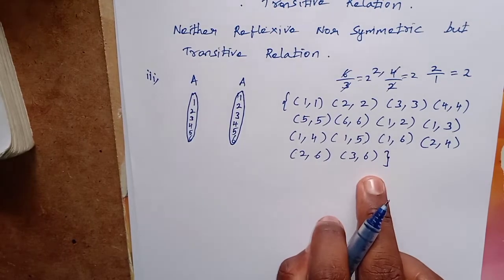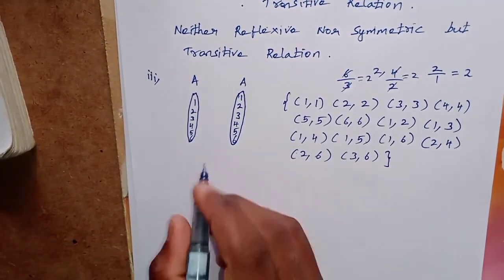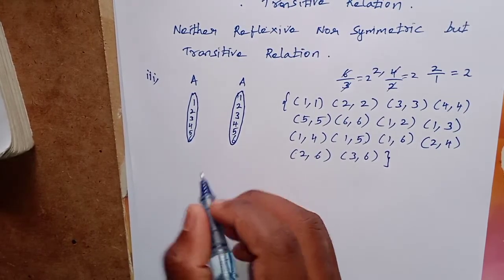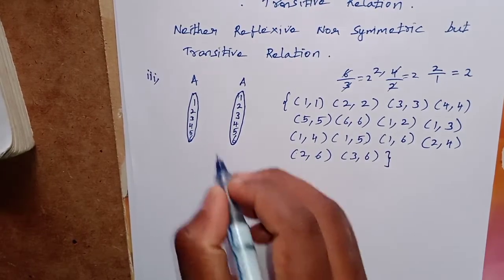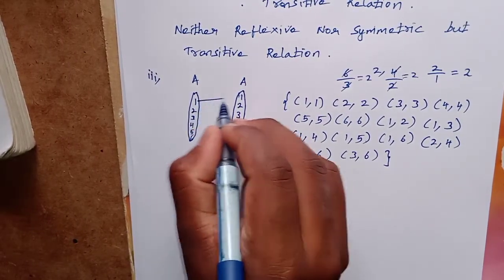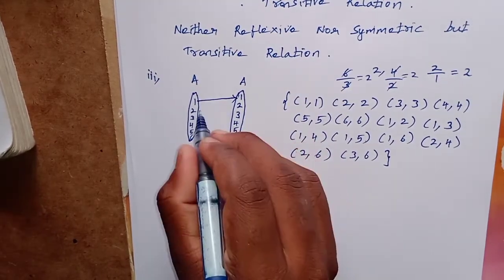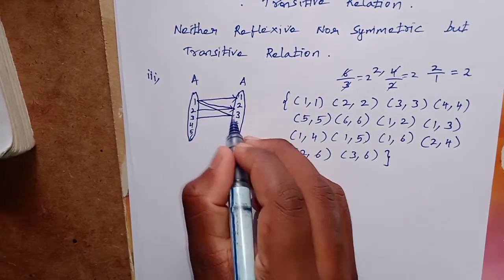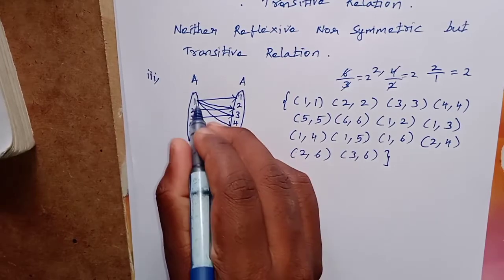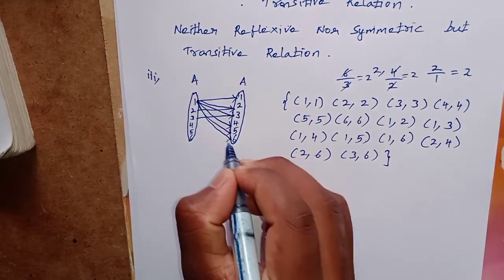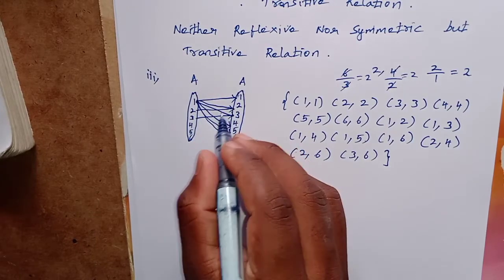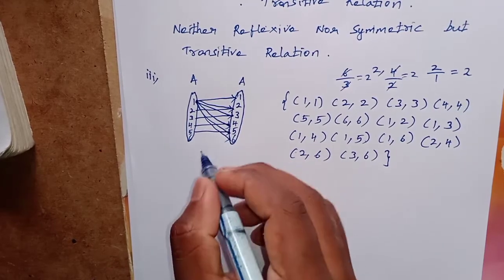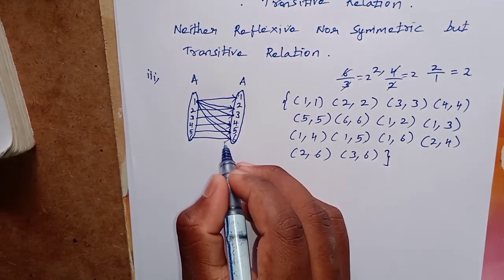Now you have to check all the 3 conditions. First condition, reflexive relation. Before that you have to complete the graph. 1 comma 1, 1 comma 2, 1 comma 3, 1 comma 4, 1 comma 5, 1 comma 6, 2 comma 2, 3 comma 3, 4 comma 4, 5 comma 5, last 6 comma 6.